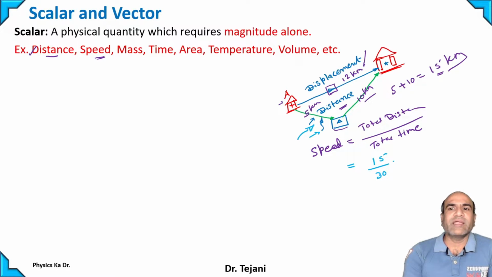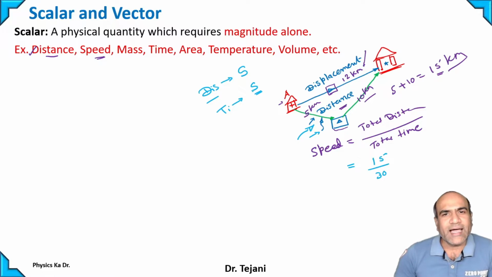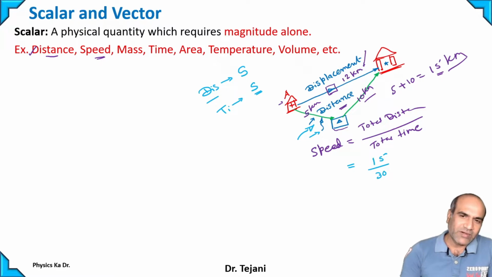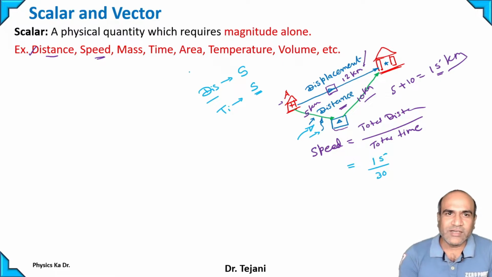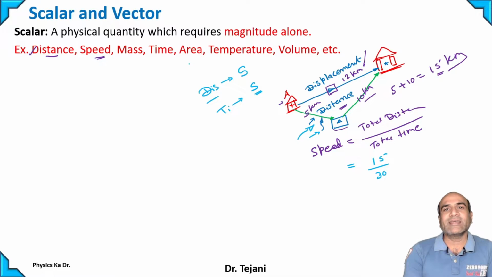So 15 by 30, that becomes speed, right? Here distance is a scalar quantity divided by time. Time is also a scalar quantity. We do not require any direction to present time, and therefore time is also a scalar quantity. Therefore, multiplication or division of scalar quantities gives us a scalar quantity. Therefore, speed becomes a scalar quantity.